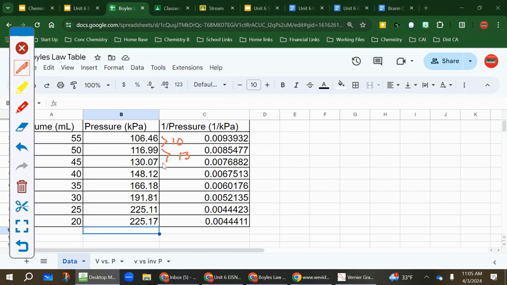How about here to here? 18. So what is happening? It's increasing, but is it increasing by the same amount? No. Is this decreasing by the same amount? Yes. But it's not increasing by the same amount, is it? It's going up each time.